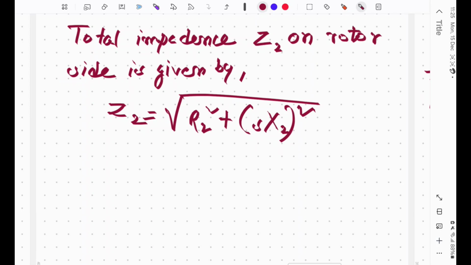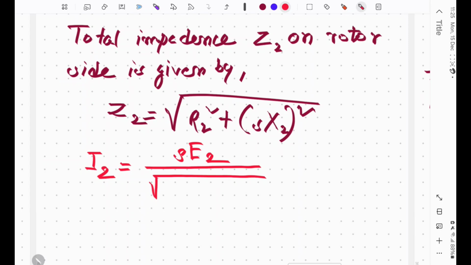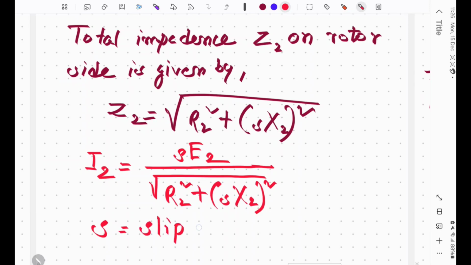Putting this value in the previous equation, I2 is equal to S E2 by root over R2 square plus (S X2) whole square, where S is the slip of the induction motor.